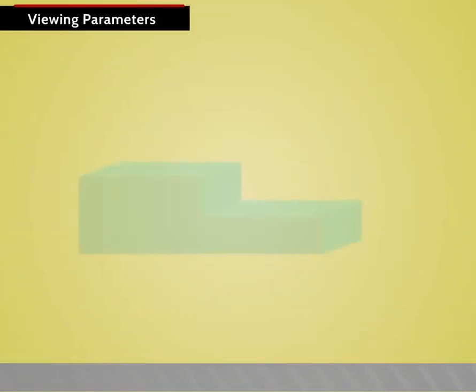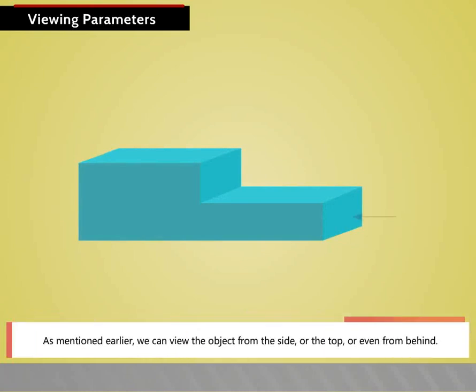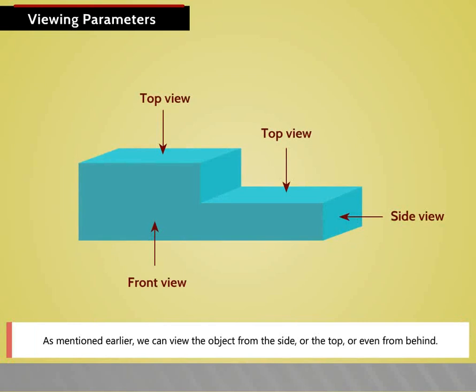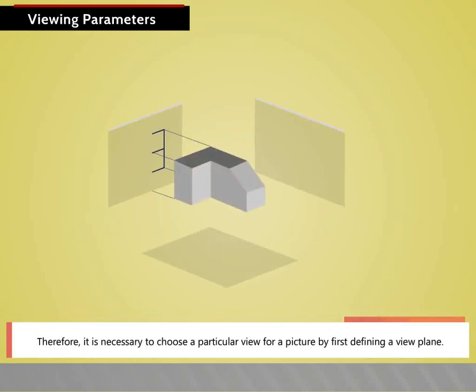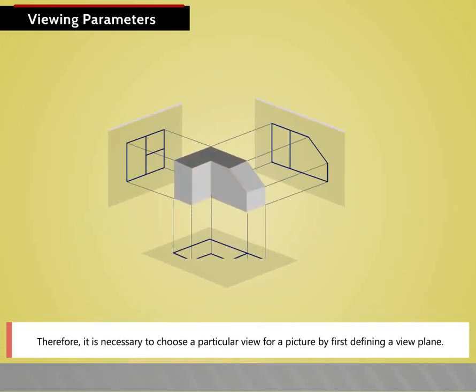Viewing parameters. As mentioned earlier, we can view the object from the side or the top or even from behind. Therefore, it is necessary to choose a particular view for a picture by first defining a view plane.